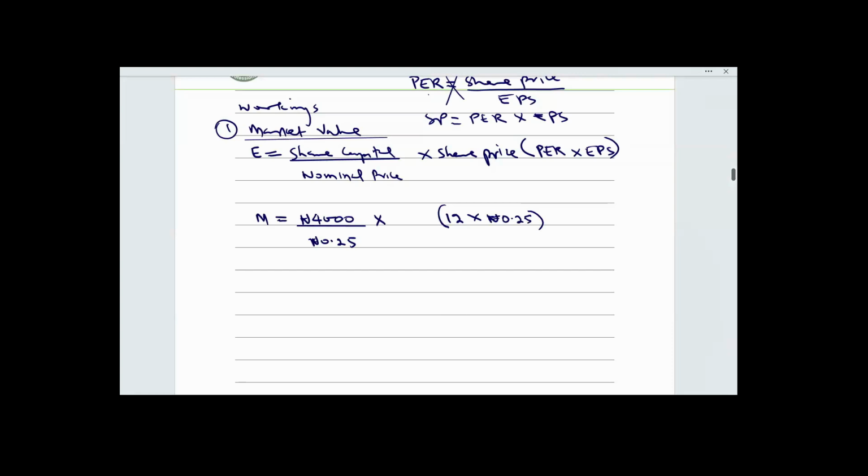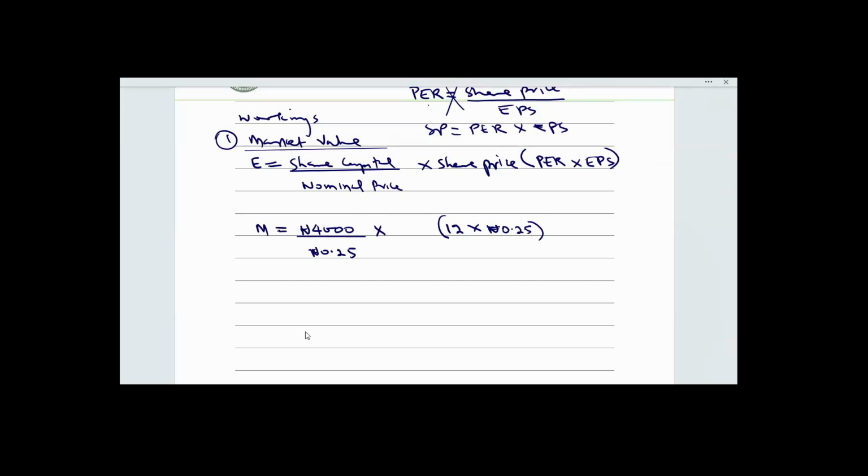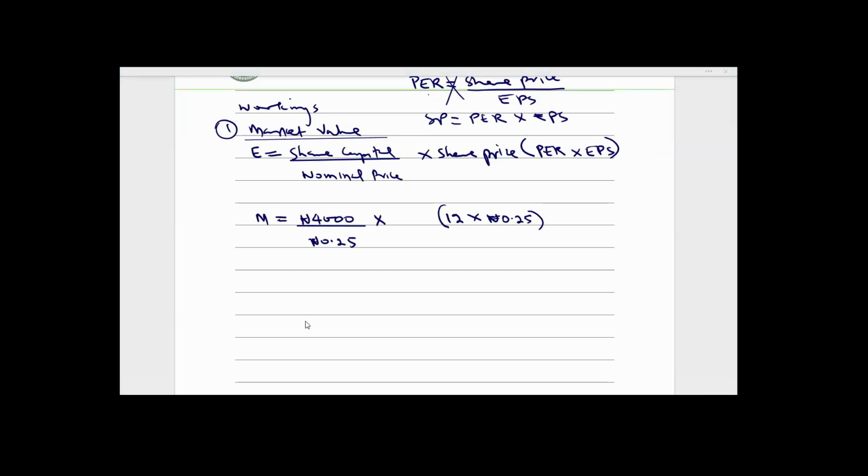Therefore, 12 multiplied by 0.25 is 3. So this will be 3 naira.